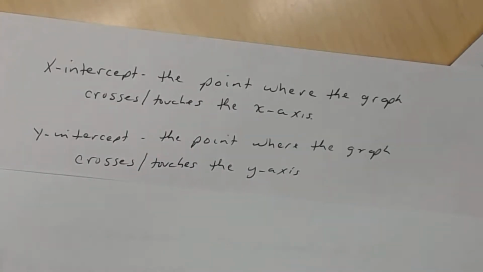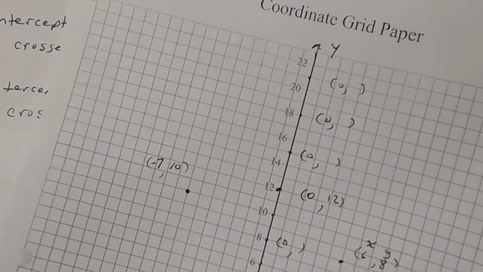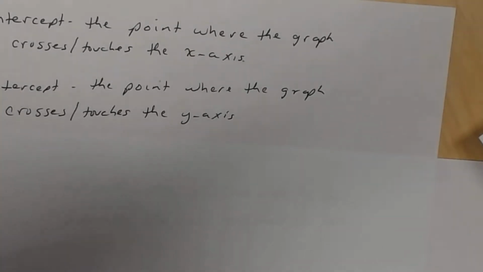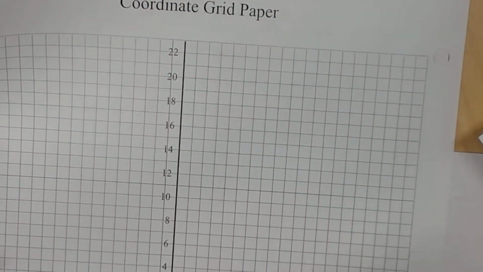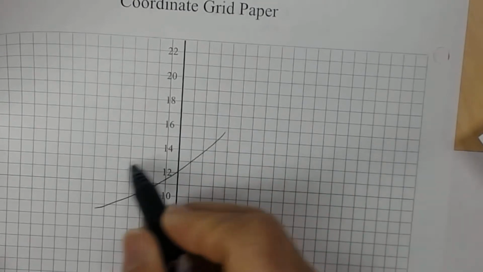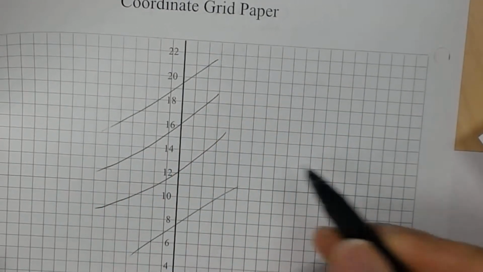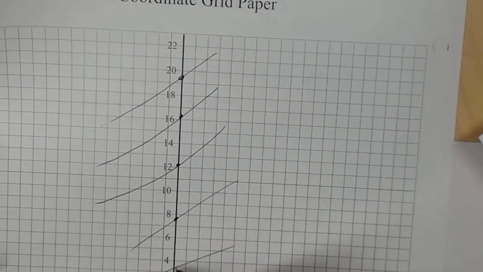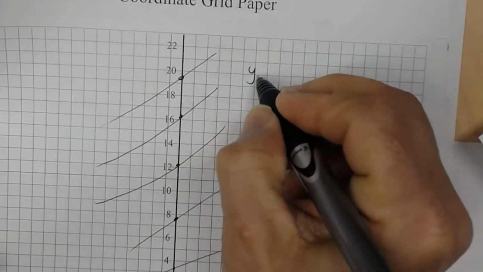Okay? Now, going back to our discussion, when we talk about the x and y intercepts, we're interested in this idea: where does the graph cross or touch the x-axis? Where does the graph cross or touch the y-axis? So if I'm looking at a graph, and I'm just making this up, all these points right here would be called y-intercepts.